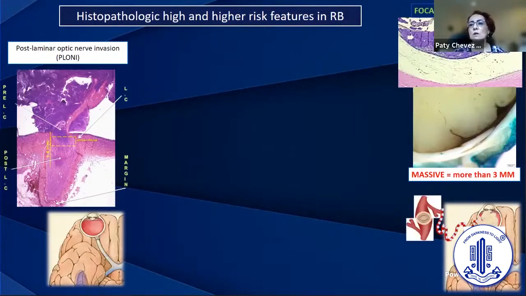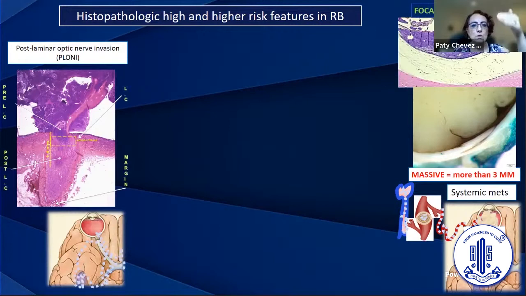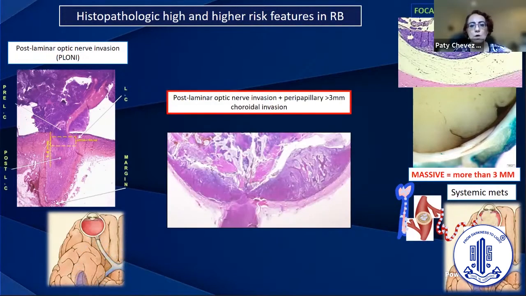So for choroidal involvement, the problem is not the choroid itself, it is when it comes out of the choroid, and the vasculature that is going to drain is into the systemic circulation and the bone marrow mets. So these are more manageable, as we have heard and we will hear. But the problem is the optic nerve. The optic nerve goes into the brain directly or by the meninges and then recurs.